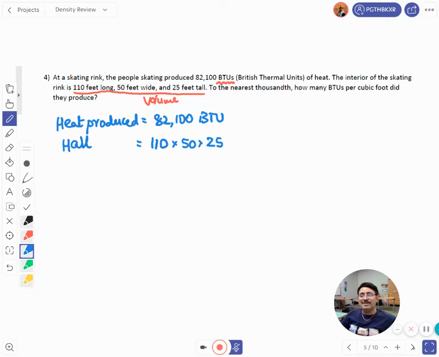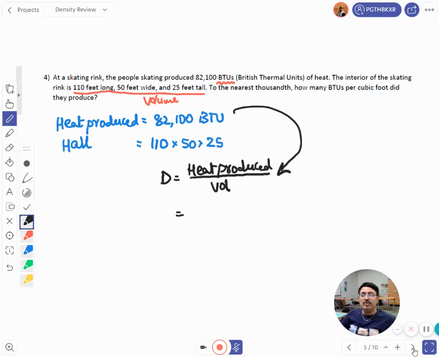Okay, so just like the density formula we used here, the numerator is the heat produced over volume. So what is heat produced? You see that it is 82,100. Let me write the same.